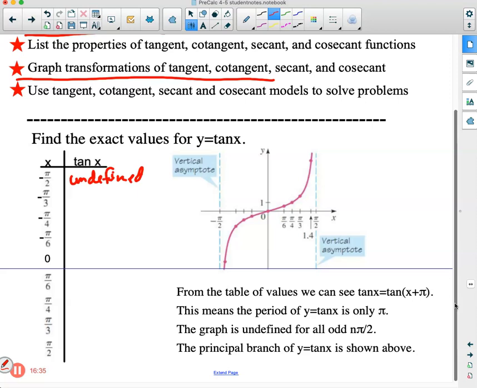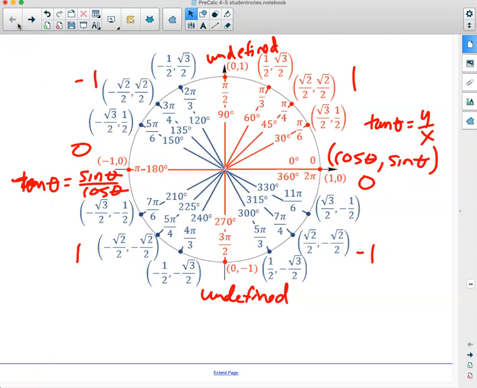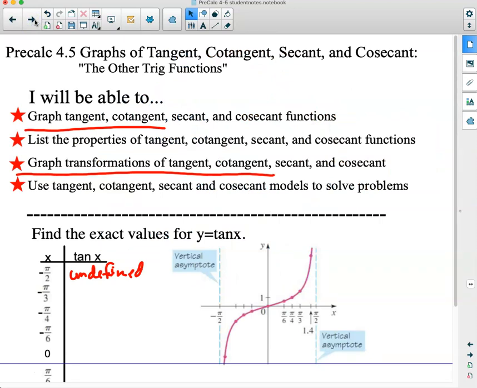But if I wanted specific values, like negative pi over 3, I'll have to look at that in a second. I like the nice ones. Negative pi over 4 was -1. Negative pi over 6, we'll take a look at after we get the nice ones on here.